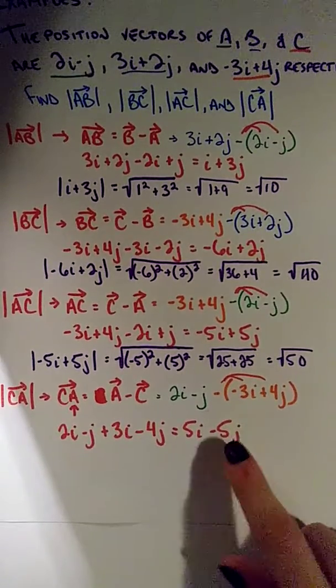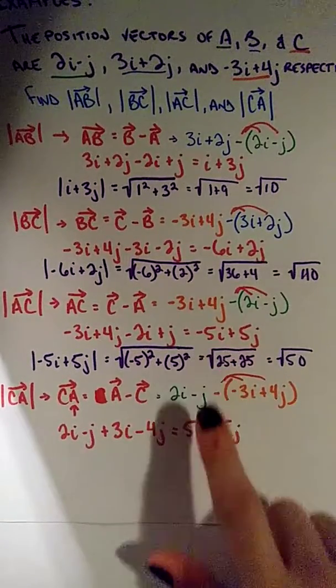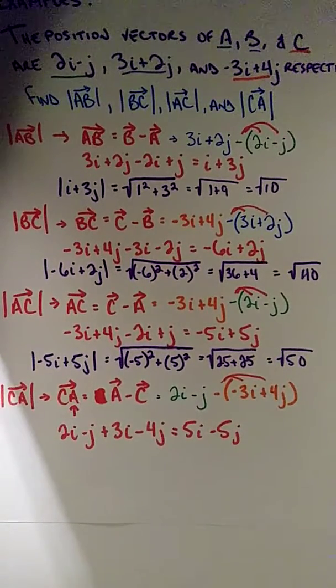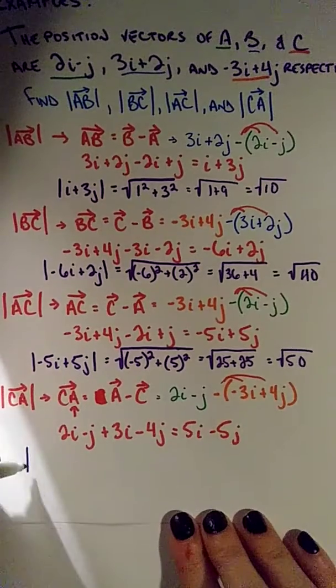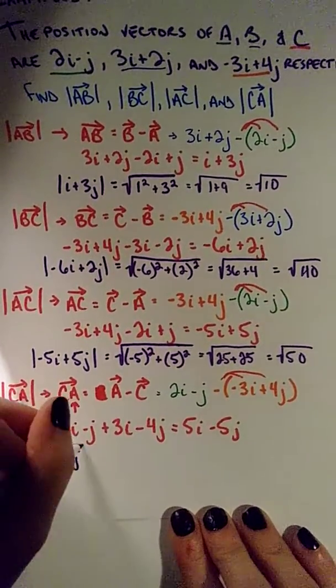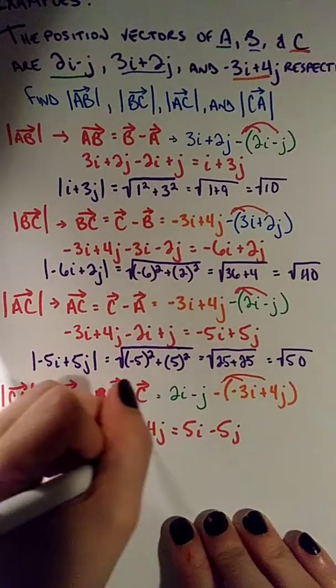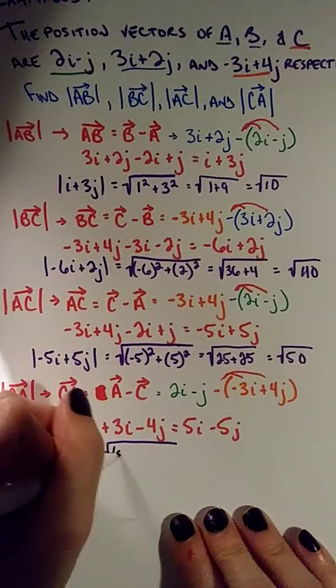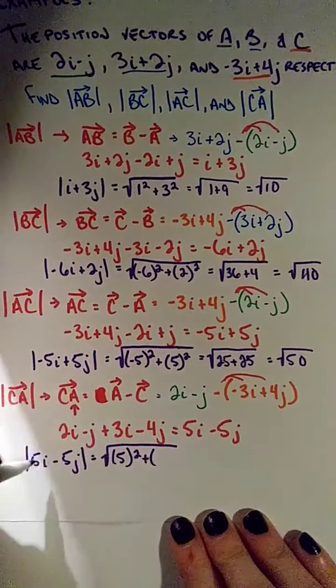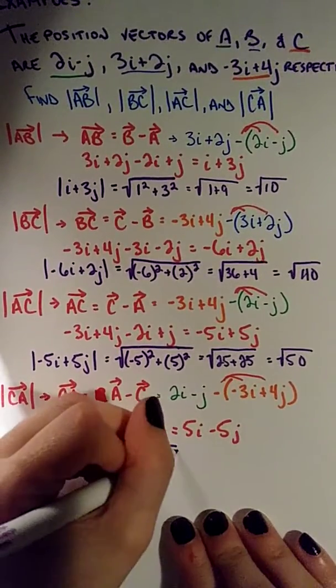It's very similar to vector AC, except the signs on i and the signs on j are the opposite signs. That just means we're moving the same distance, but we're going the opposite directions on those. Now, when we find the magnitude of 5i minus 5j, it's going to be the distance formula, where we take our first coefficient, 5, we square it, we add our second coefficient, negative 5, squared.